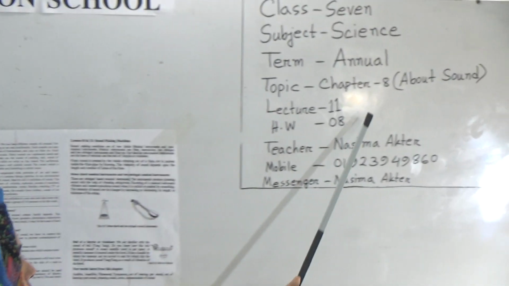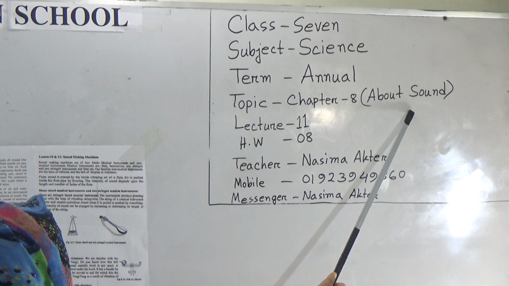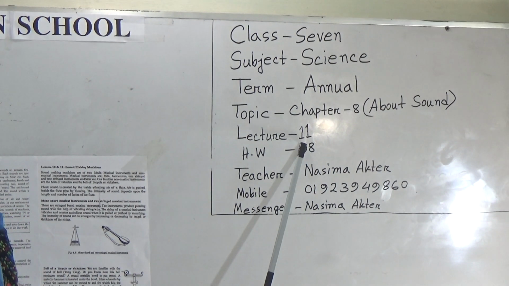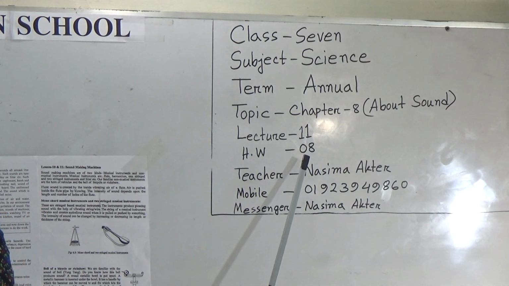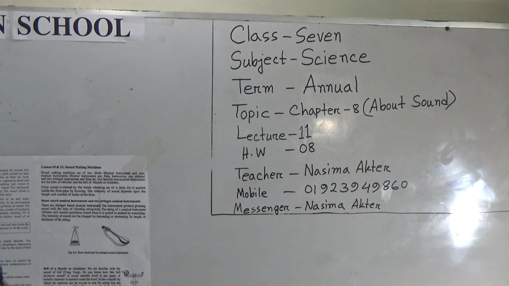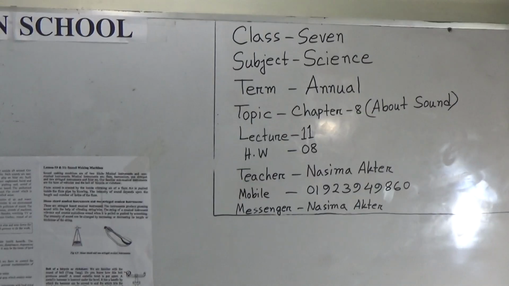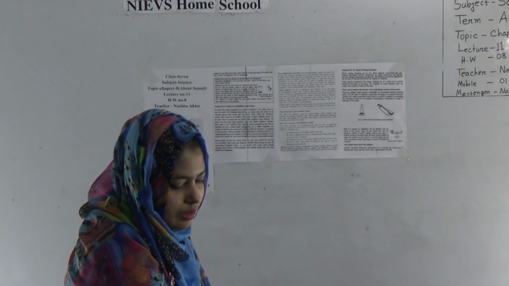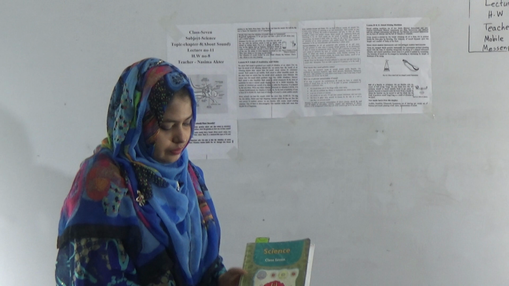This is chapter 8 about sound and this is lecture number 11 and I will give you SW. Our SW number will be 8. And this is your science book.